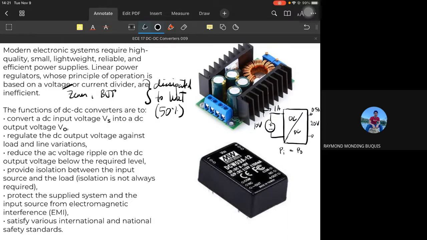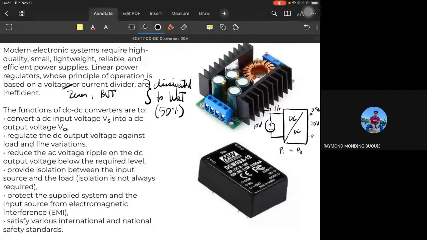So the functions of a DC converter are stated as follows: to convert a DC input into a DC output, to regulate the DC output voltage against load and line variations, for which a normal regulator cannot do, reduce the AC voltage ripple on the DC voltage below the required level, provide isolation between the input and the load. This could be done in many ways. So a DC converter is another way to do it.